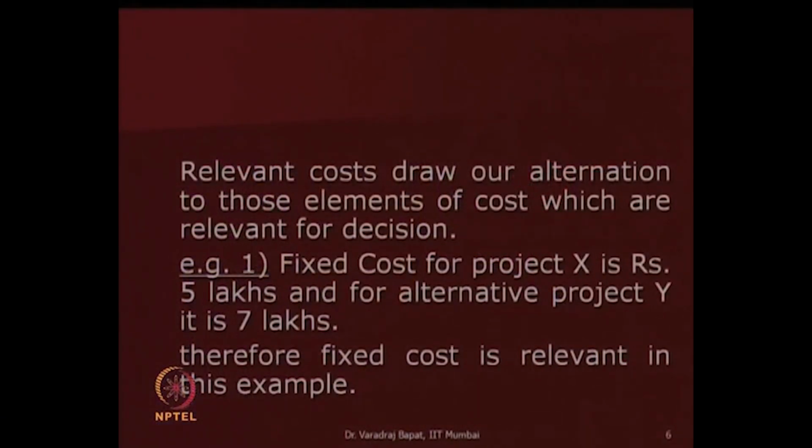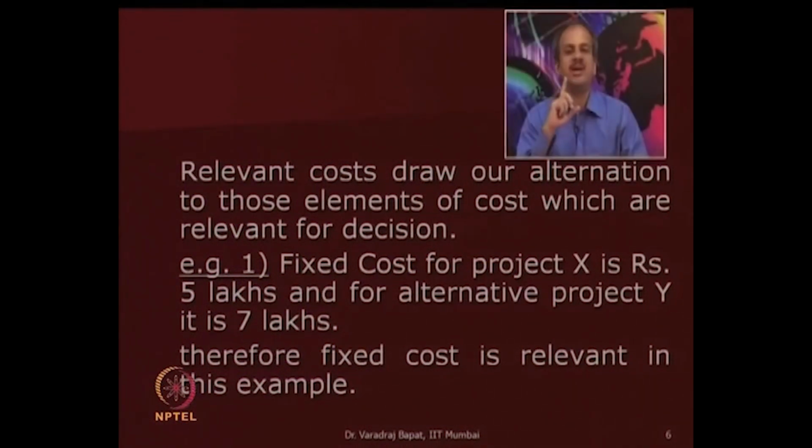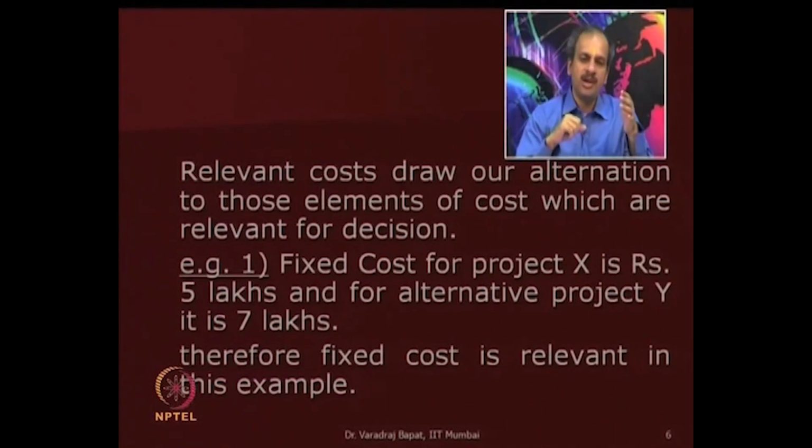In this way, though mostly variable costs are relevant, it is not always true. There could be situations where variable costs are not relevant. There could also be situations where fixed costs are relevant. So, relevant costs draw our attention to those elements of cost which are relevant to a particular decision. Here is one more example. Fixed cost for project X is 5 lakhs and for alternative project Y it is 7 lakhs.